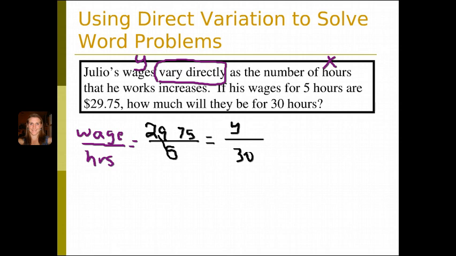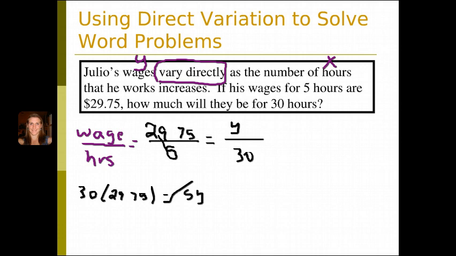Again, cross multiply, and we have 30 times 29.75 equals 5y. Apologize for the stray line there.